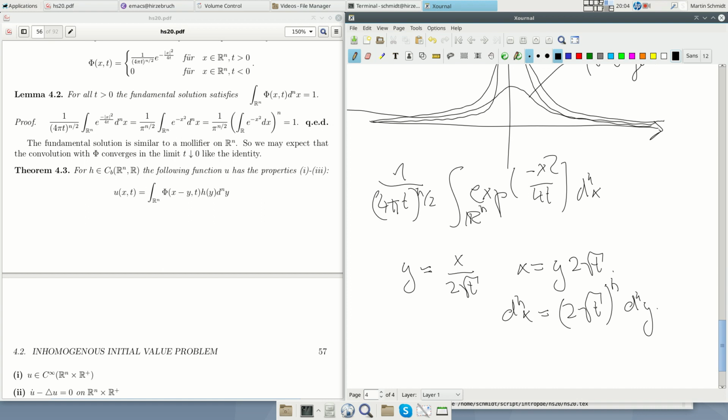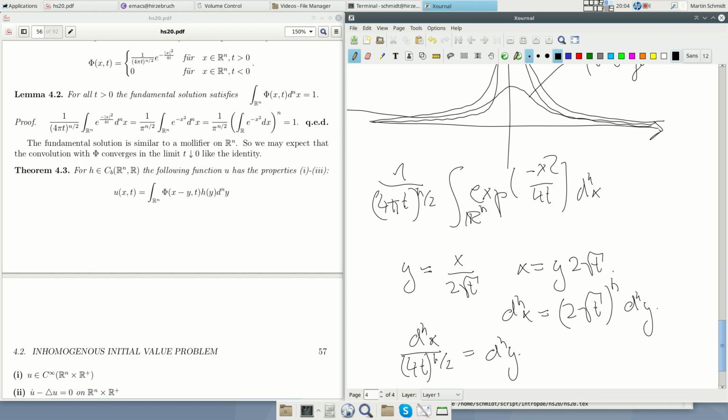So here we see we already have exactly this factor in front of the integral. So this factor, (4t) to the power of n over 2, cancels against dny.